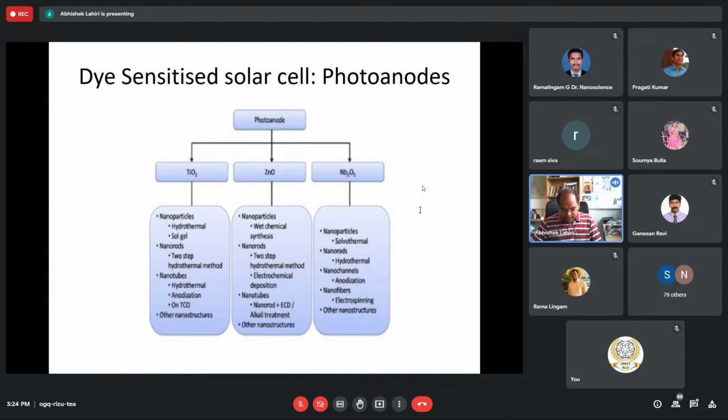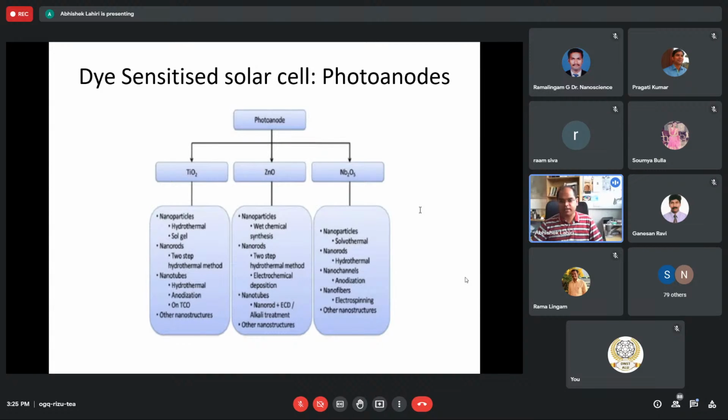Now what is interesting is that when you produce different morphology or different structures of these three materials, they affect the performance of the dye-sensitized solar cell. For all three materials, different techniques were used, such as solvothermal, hydrothermal, electrochemical anodization, and electrospinning, to synthesize these materials.